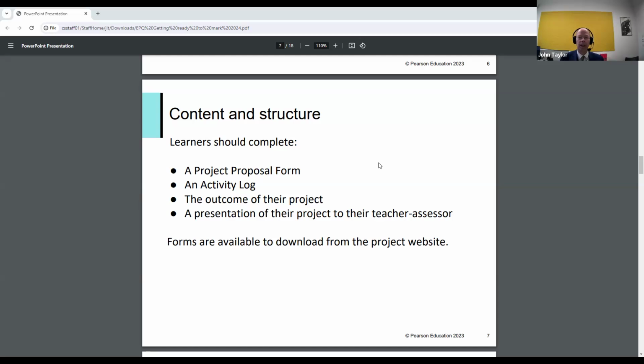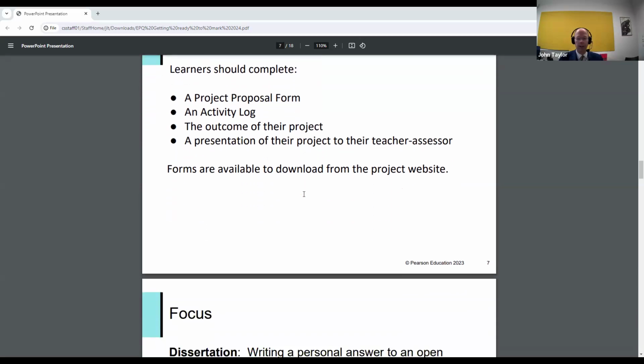But suffice to say that it doesn't have to be simply a written report. If it's a sketchbook, or if it's a slideshow with analysis of information and then the creation of the learner's own ideas being documented, then that may well be a more appropriate format. And in fact, we'll see in one of the exemplars that we're going to look at why that it worked very well, because it's a very visual project. It worked very well in the slideshow format and wouldn't have worked so well as a written report.